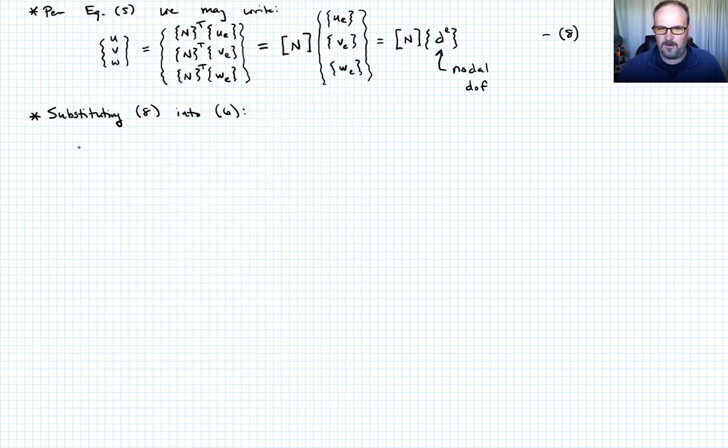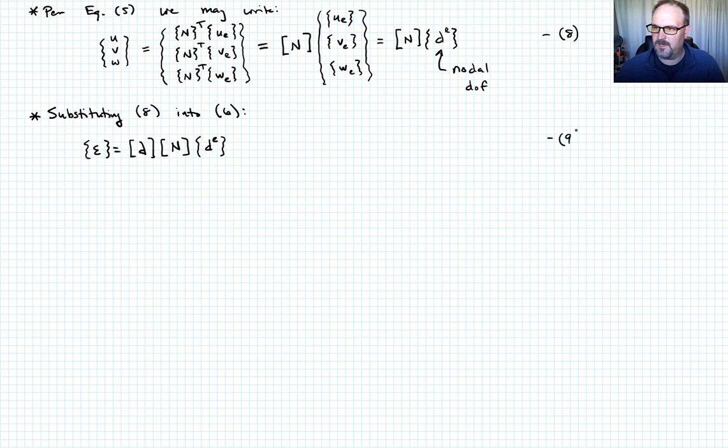And now we can get our relationship here between our strain term and our nodal degrees of freedom. So there's our del matrix now times our N, which is our interpolation function matrix, times our nodal degrees of freedom. Call that de, right? So this would be at the element level.